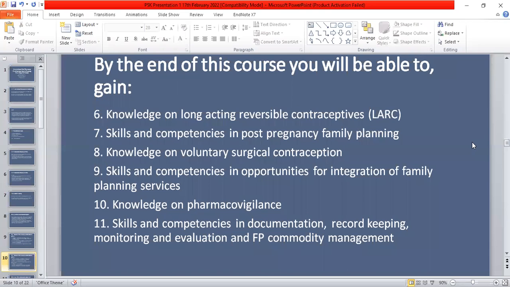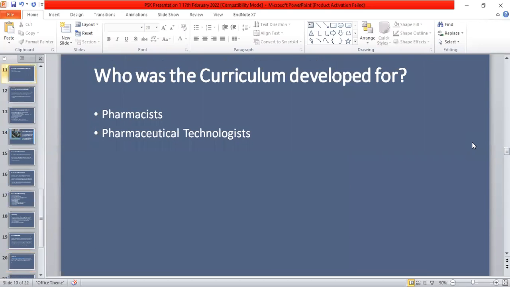The government really is keen on knowing how many people are seeking and what they're seeking. This is important for planning. So the training also allows pharmacists to be able to report to the wider DHIS.